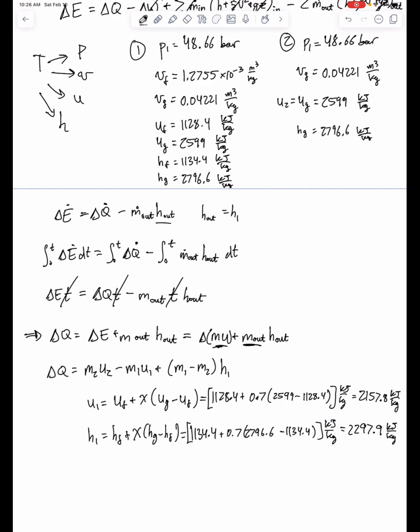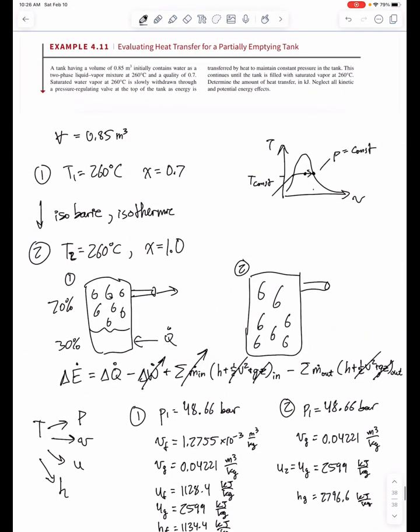Okay. That means all I need left are my mass terms. And to get mass, we're given something way earlier, and it's the volume of this rigid tank. A way to get mass out of it is, remember, the term that we always use for thermo is specific volume, and all that it is is volume divided by mass.